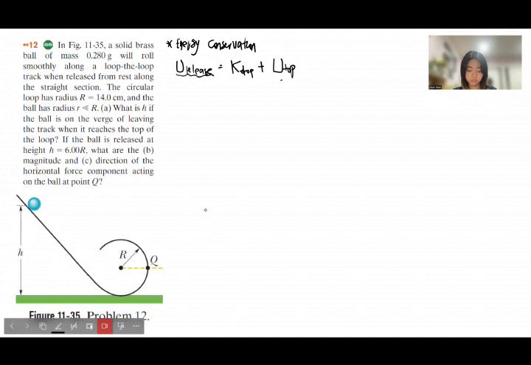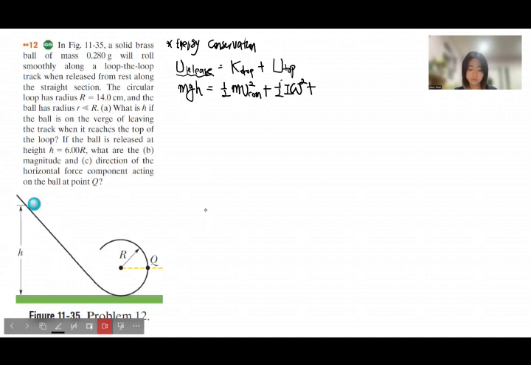So the initial energy should be expressed as the mass times the gravitational constant times the height of the straight section. And that should also be expressed with the translational kinetic energy, 1/2 m v center of mass squared, plus the rotational kinetic energy, 1/2 I omega squared.